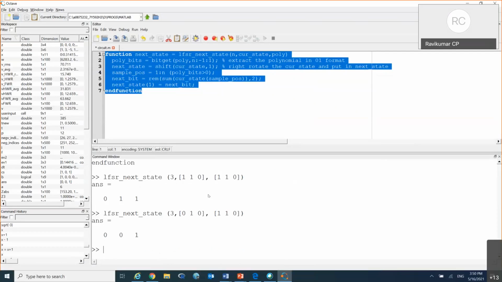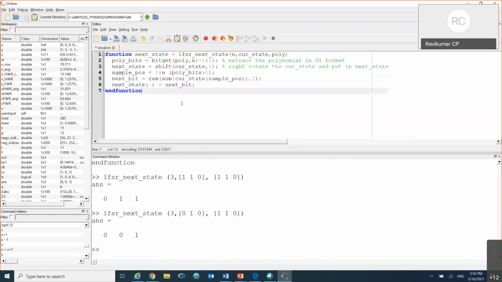Getting the bits correctly. Let me remove these semicolons so that I know what is going on here.